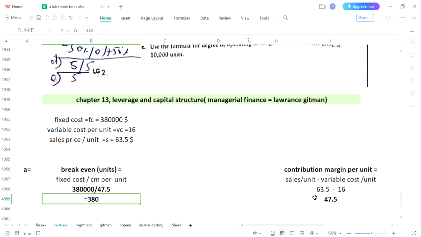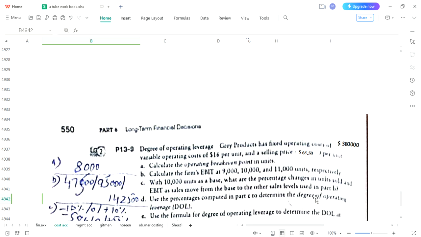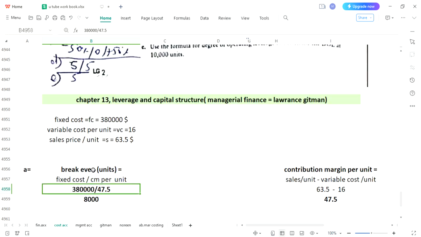Now you can put it on your calculator. So we have got our break even point in terms of units. You can see the first requirement and written answers are mentioned over here. The first answer is 8,000 and we have got 8,000 as well. It means the first requirement has been completed. Let's mark it as done.